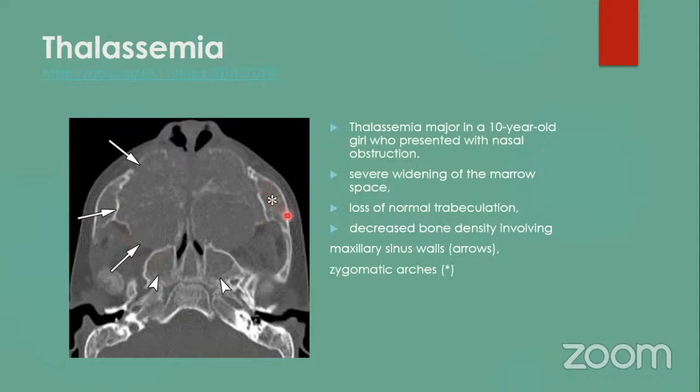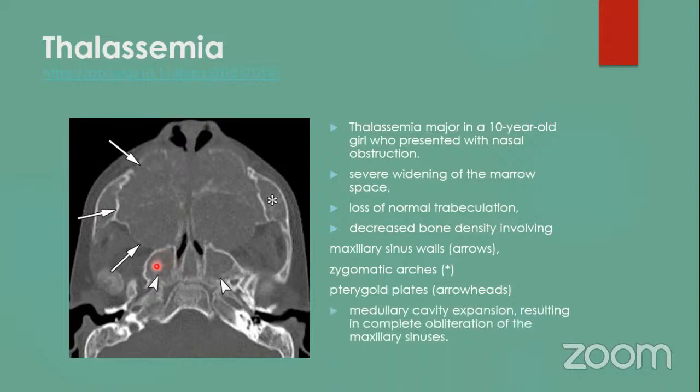Look at the zygomatic arches. They're looking wide and they're just full of those marrow spaces. Again, the pterygoid plates over there, we have also lost the bony component, now looking radiolucent because of the bone loss and increased bone marrow space and the fibrous tissues within those spaces.